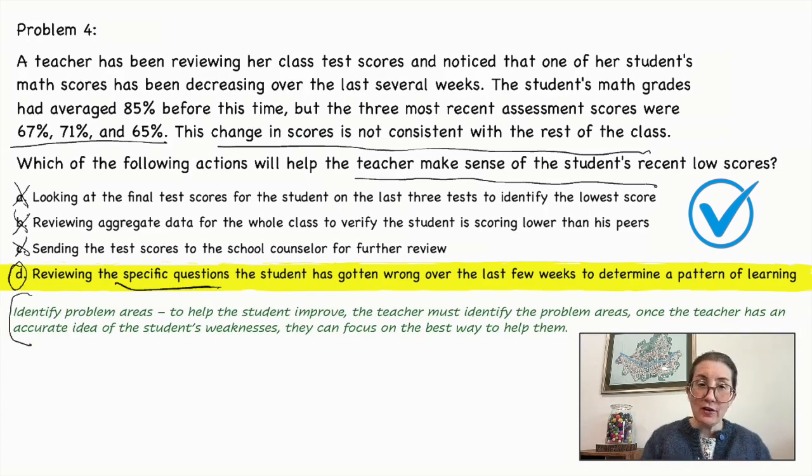So, theory of that, identify problem areas. To help the student improve, the teacher must identify the problem areas. Once the teacher has an accurate idea of the student's weaknesses, they can focus on the best way to help them. So the answer is D.